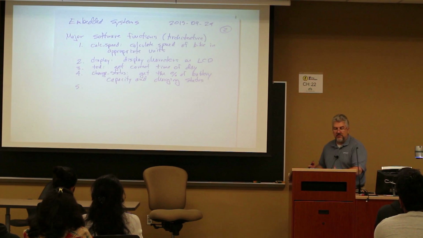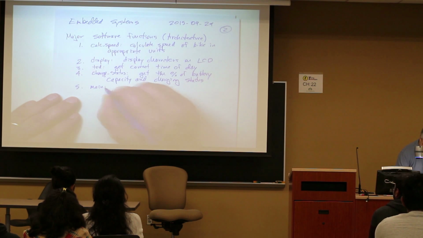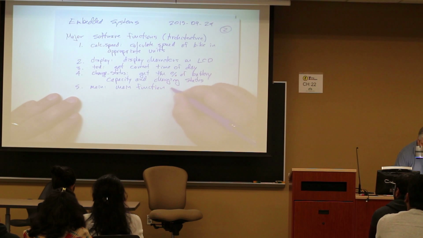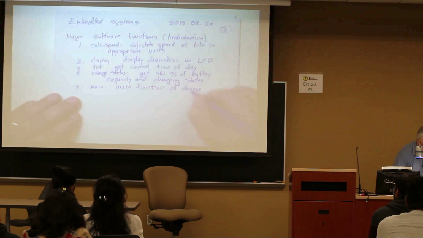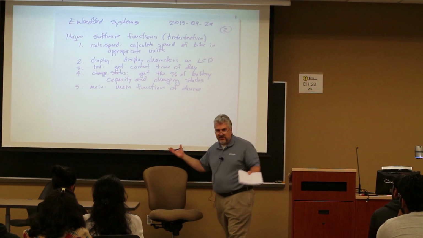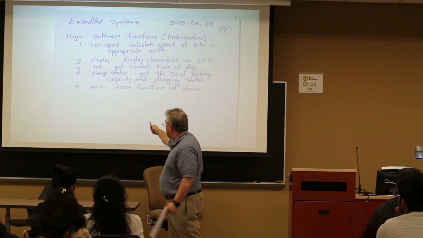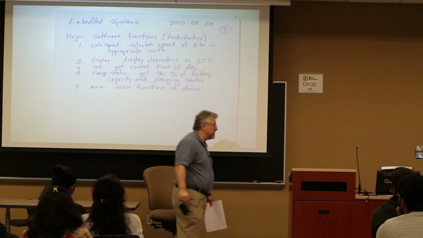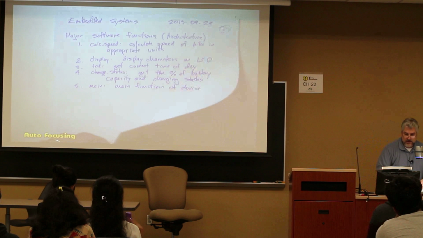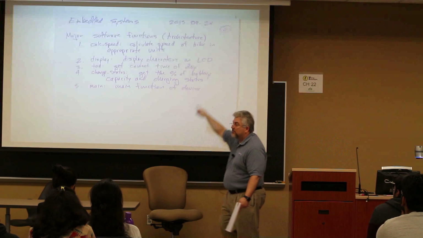Then, of course, one of the other ones is going to be the main function of the device. But the expectation is that all the functionality of your bicycle timer, in this case, is going to be represented by one of these functions, one of the concepts associated with these.